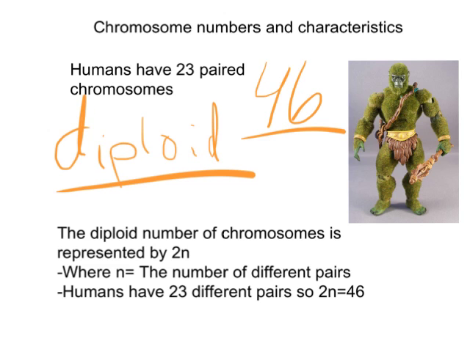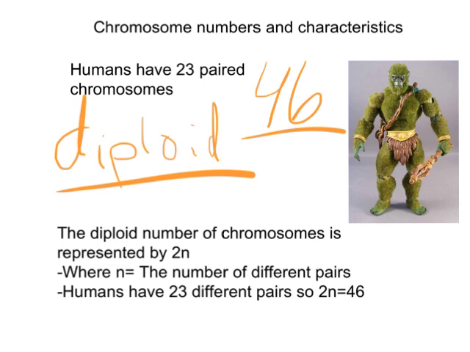Let's think back to our examples earlier. Look back in your notes. How many chromosomes do fruit flies have? Go ahead and write that down. Then I want you to think about what the diploid number would be for them. In other words, plug in 2n equals 8 and figure out what n is.